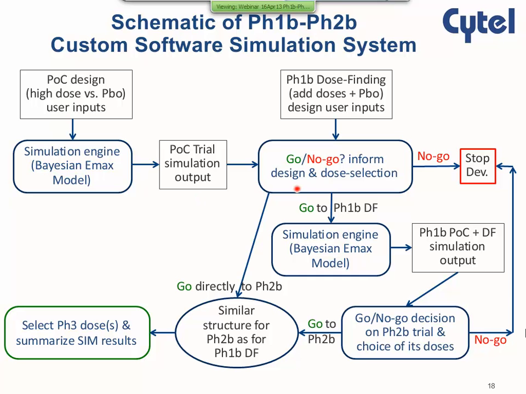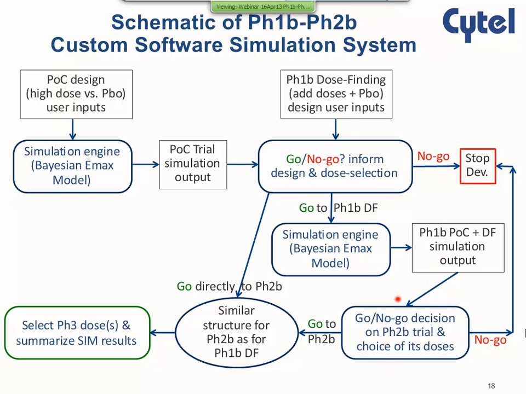If it is a go decision, then we pull in the phase 1B design inputs and simulate the phase 1B dose finding information, unless there's a rapid to 2B result, and then we go directly to 2B. But if not, we go to the dose finding trial, run that simulation engine, and yield the dose finding results added to the POC results.